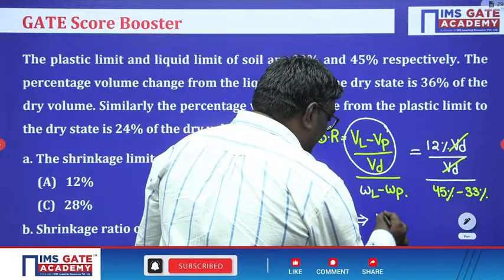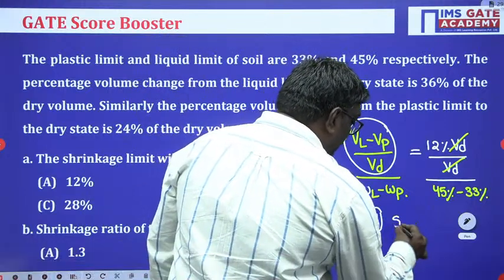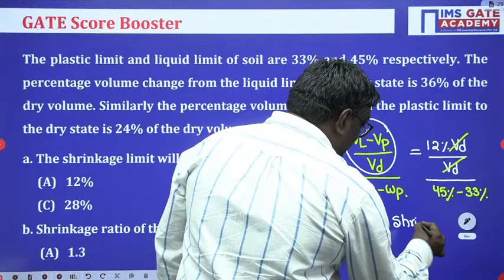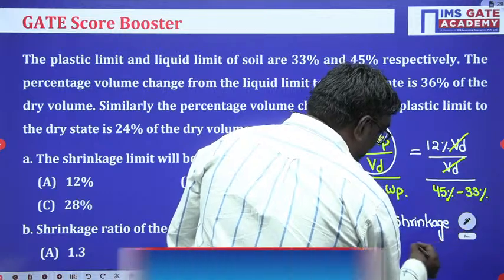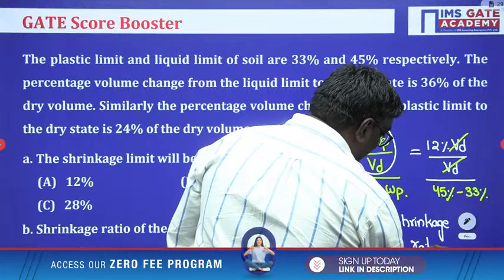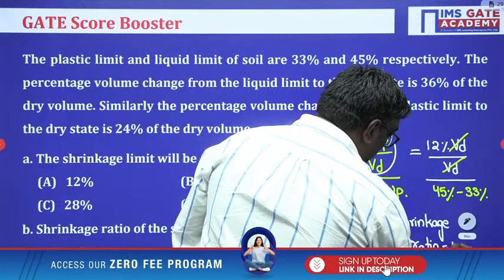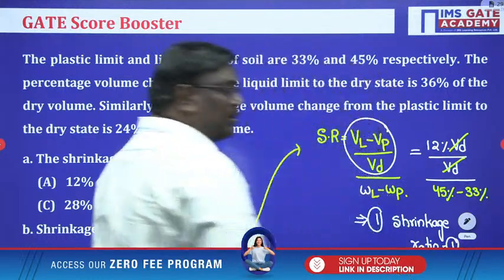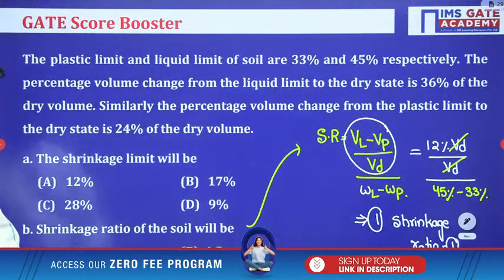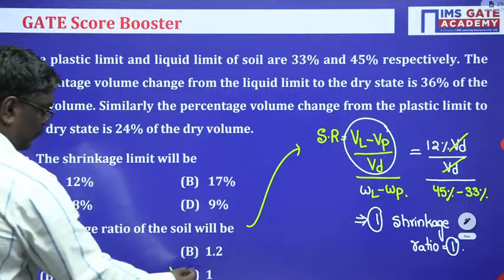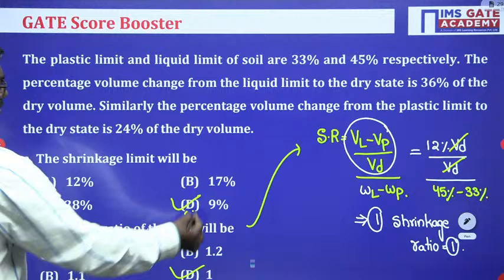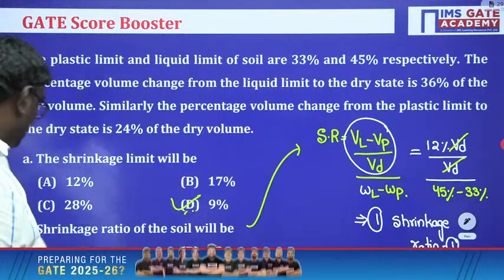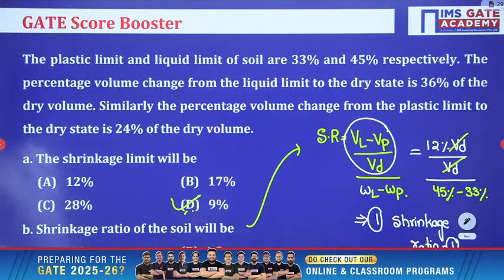So the shrinkage ratio value is equal to 1. You can write the answer: shrinkage ratio is 1, and we got the shrinkage limit as 9 percent. I hope you are clear with this problem.